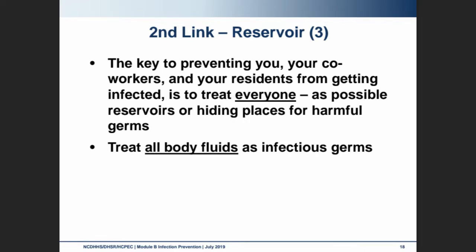And this is why it is key to treat every single person as if they are carrying a germ. We're not going to get there yet, but in a few minutes, this is when standard precautions and then transmission-based precautions are going to come into play. But let's continue on first with the links of the chain of infection.